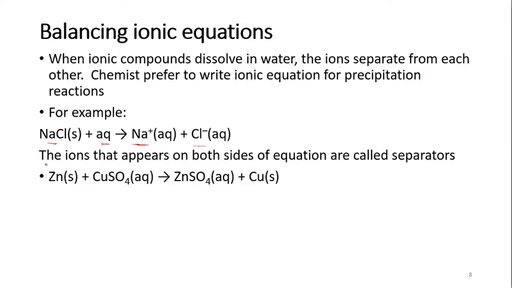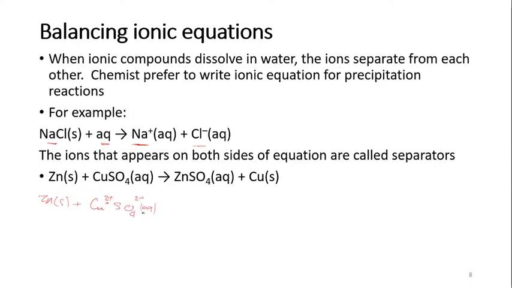If I try to find out what the balanced ionic equation is for zinc reacting with copper sulfate to give me zinc sulfate and copper. First I need to write down the ionic formula of the equation. Usually the copper sulfate would dissociate into copper ions and sulfate ions, with a 2 negative charge.